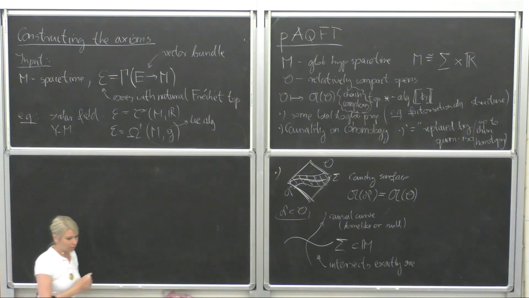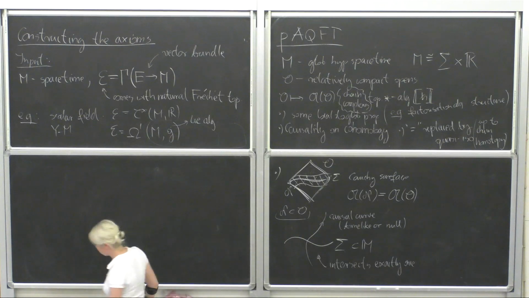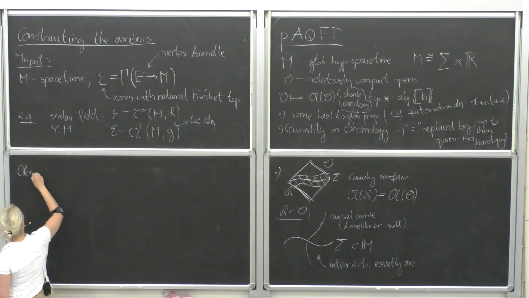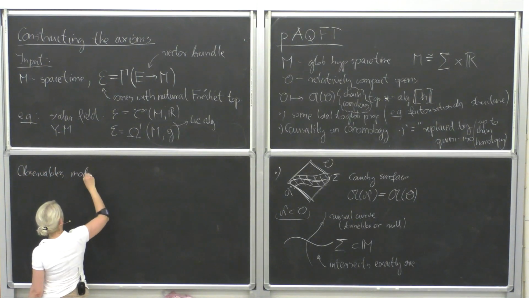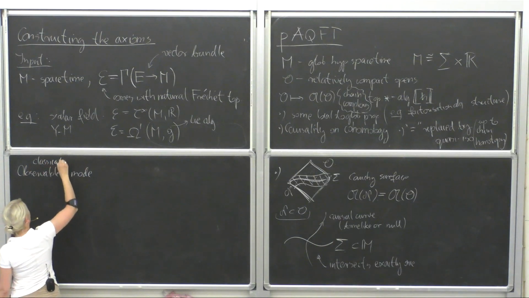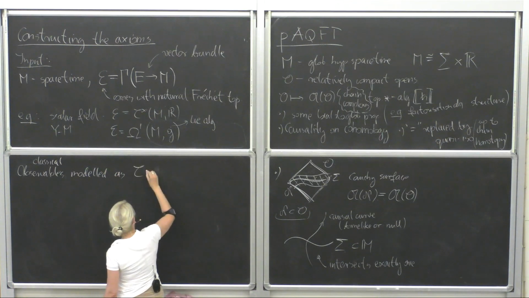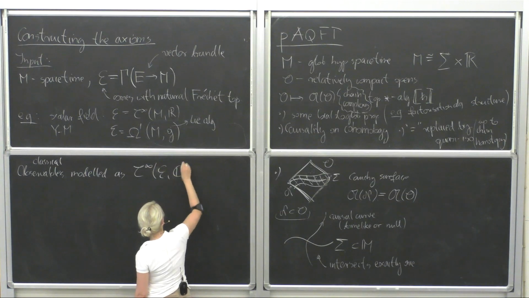And for mathematical convenience, I'm going to talk about smooth functions. So classical observables modeled as smooth functions on the space of field configurations.